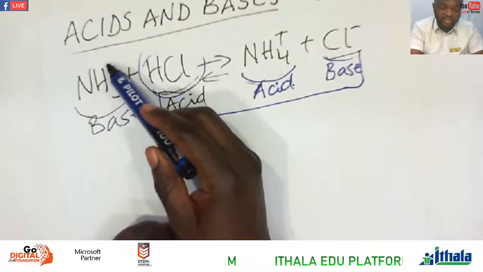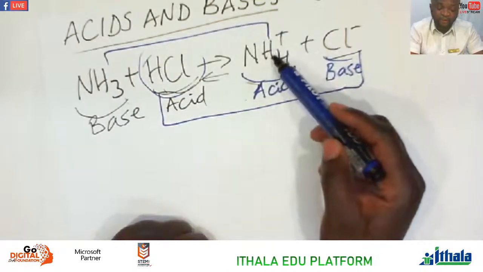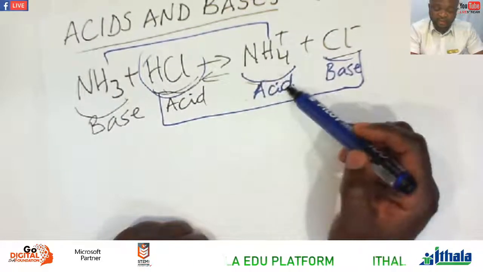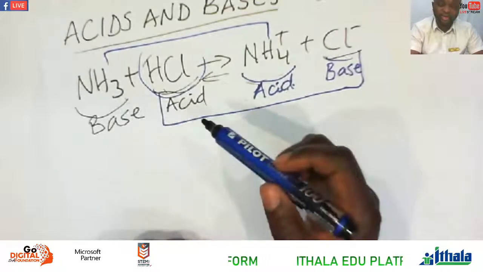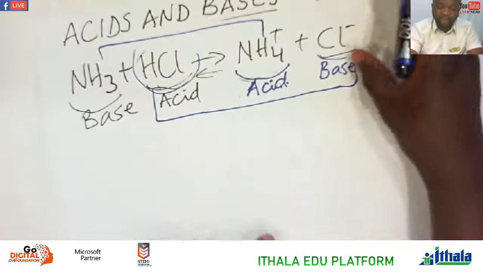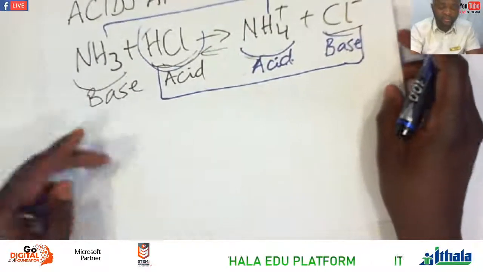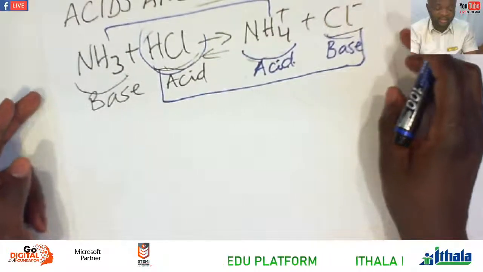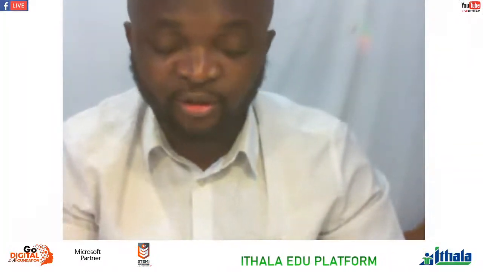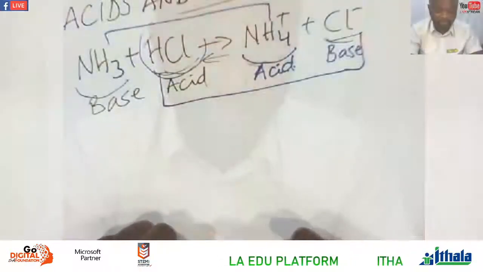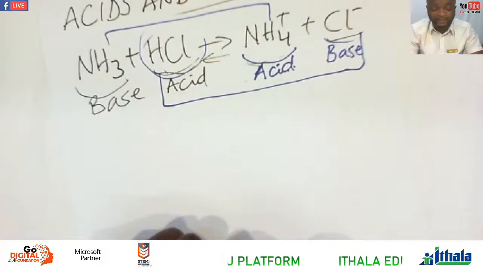NH3 is a base, kodwa ngala sinani NH4, a base ngala NH4 is an acid. So we have what? A conjugate acid of a base. And sati last time, a conjugate acid will be from a base, while an acid will have what? A conjugate base. You can always have a conjugate acid of a base and a conjugate base of an acid.